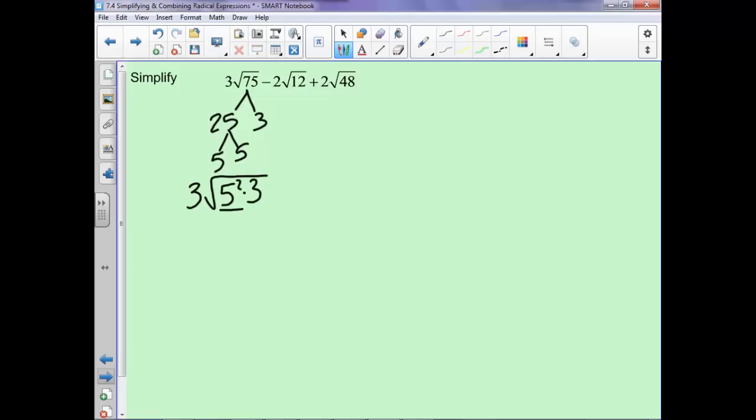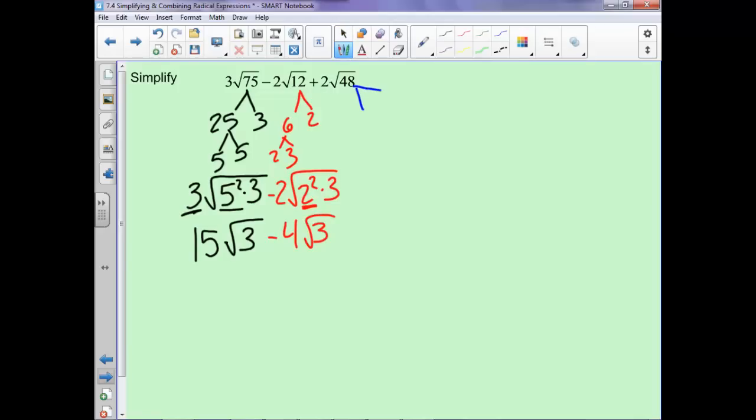Which means the square root of this 5 squared is 5, so we'll have 15 square root of 3, because you're already going to multiply it by this 3 that's out here. This second one, 12 is 6 and 2, which is 2 and 3, which will be minus 2 root 2 squared times 3. So this 2 can come out, so I'll have minus 4 root 3.